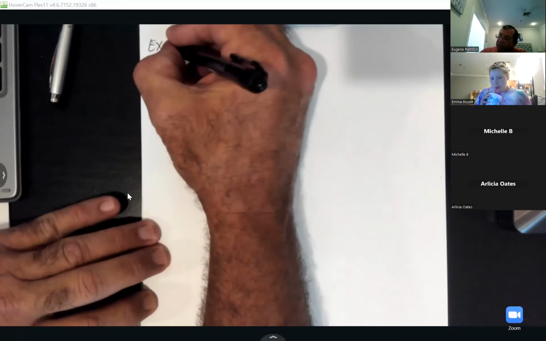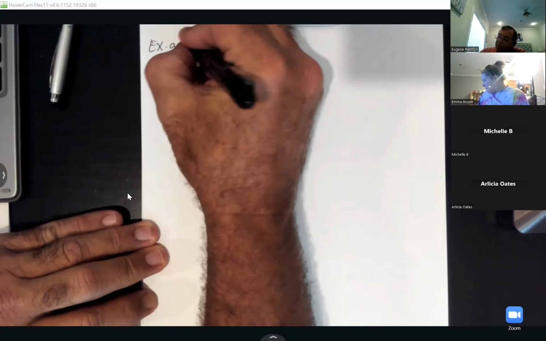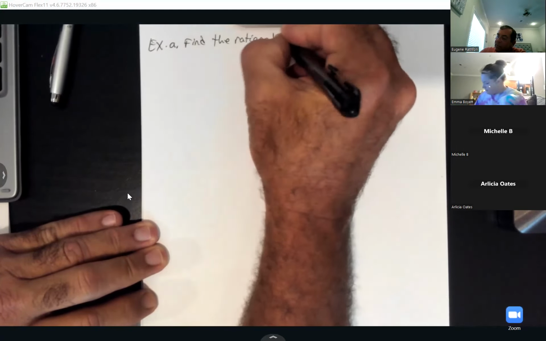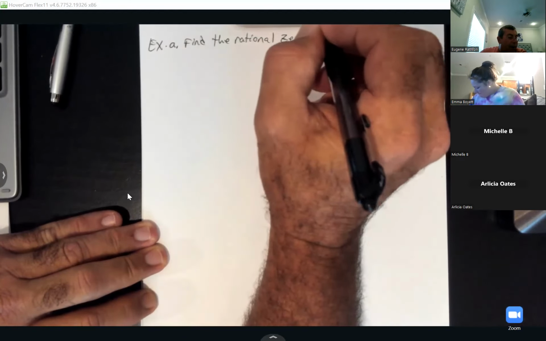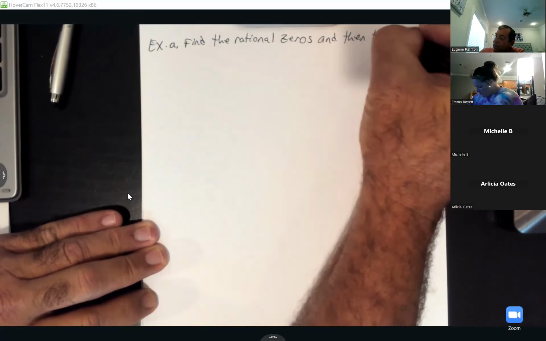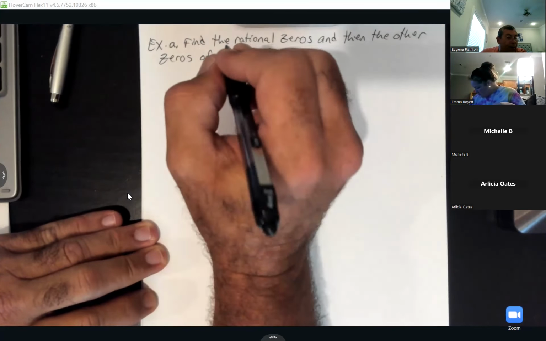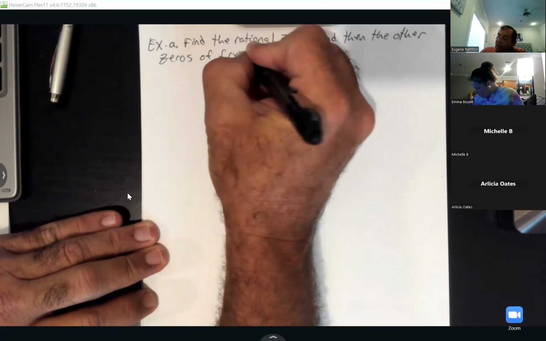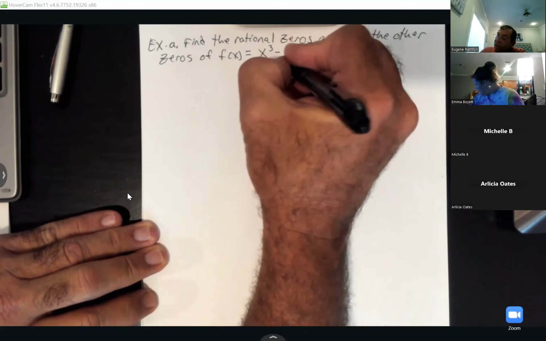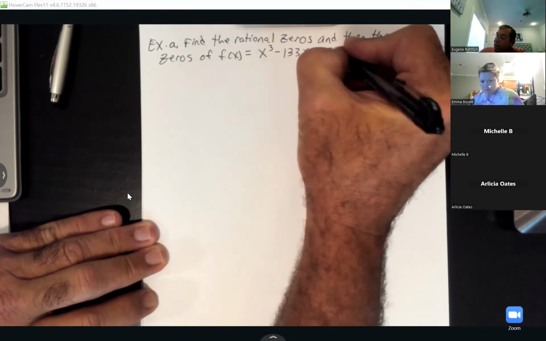So for this one, it's got a part A and a part B. Part A, they want us to find the rational zeros and then the other zeros of f of x equals x to the third minus 133x plus 132.